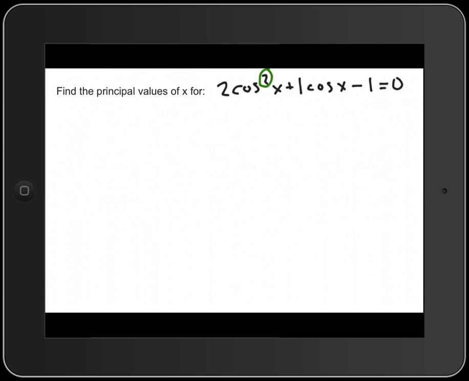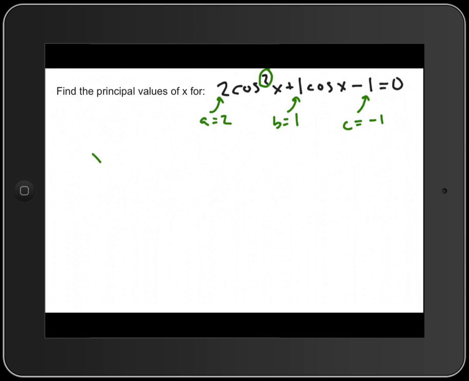So again, this one's quadratic, so I'm going to apply the quadratic formula. To remember the quadratic formula, we have 3 numbers we have to identify. A, which in this case is 2, B, which in this case is 1, and C, which in this case is negative 1. I then plug them into the quadratic formula.